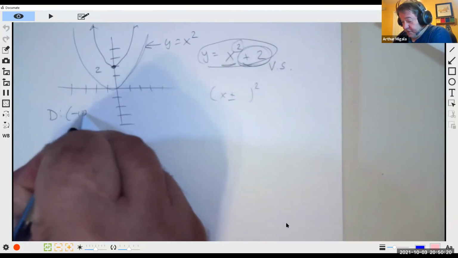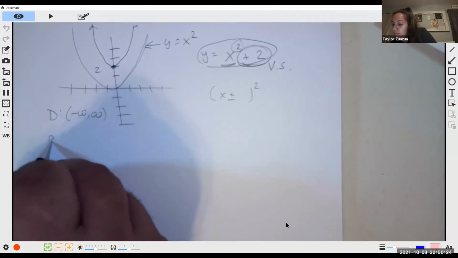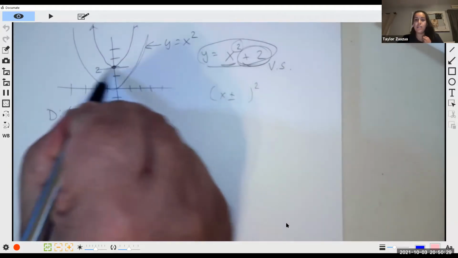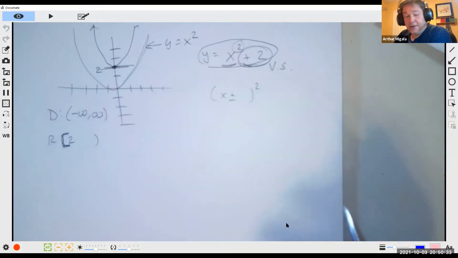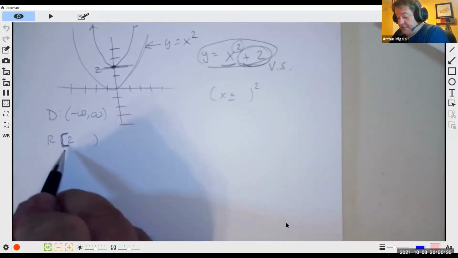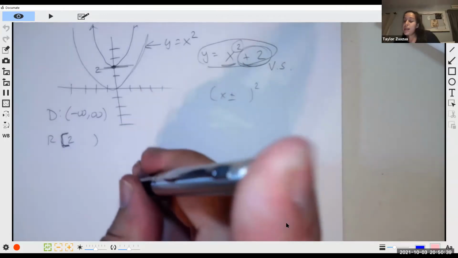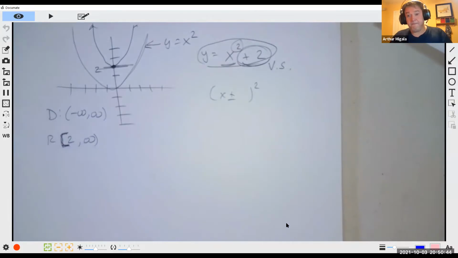So it's negative infinity to positive infinity. But the range, it caps at a 2. And that is why, because it's a solid starting point, it starts at 2, and then it goes to infinity because it's never ending. Right. That makes more sense.